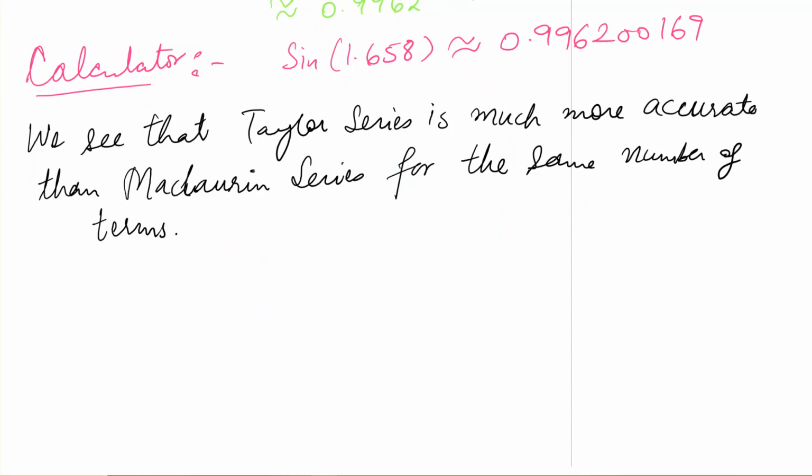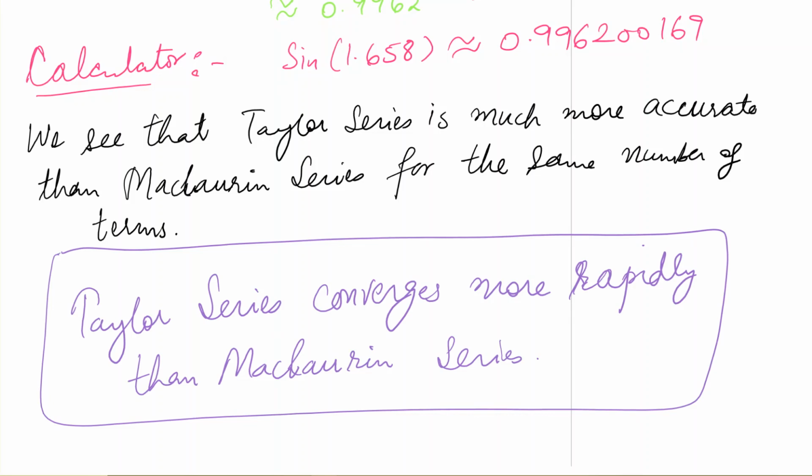Arithmetically, we can say that the terms of the Taylor series get small much faster than the terms of the Maclaurin series. So we can say that the Taylor series converges more rapidly than the Maclaurin series. I hope that makes sense.